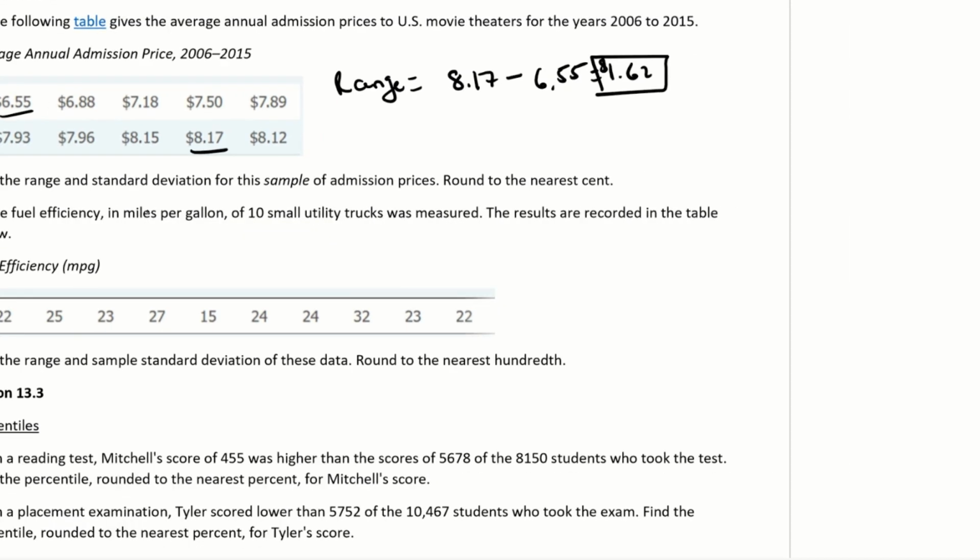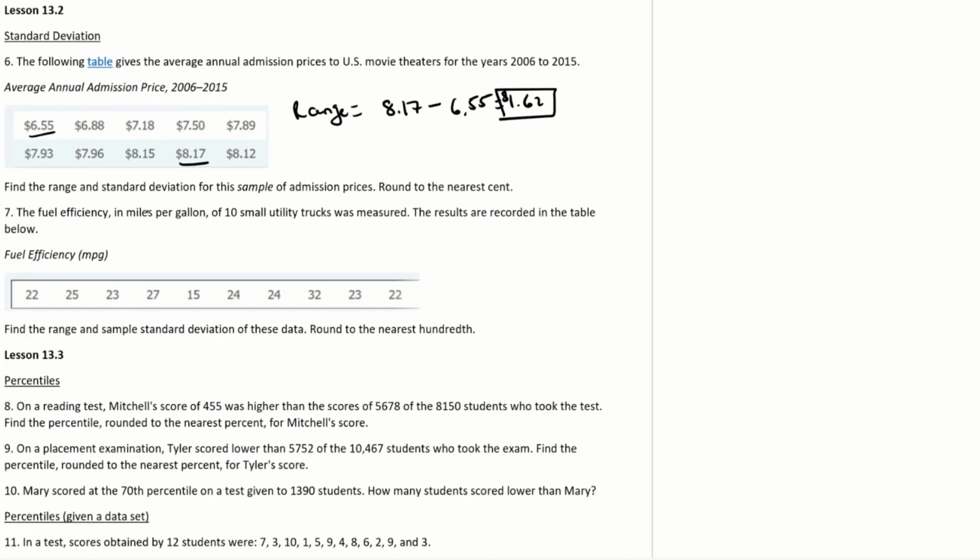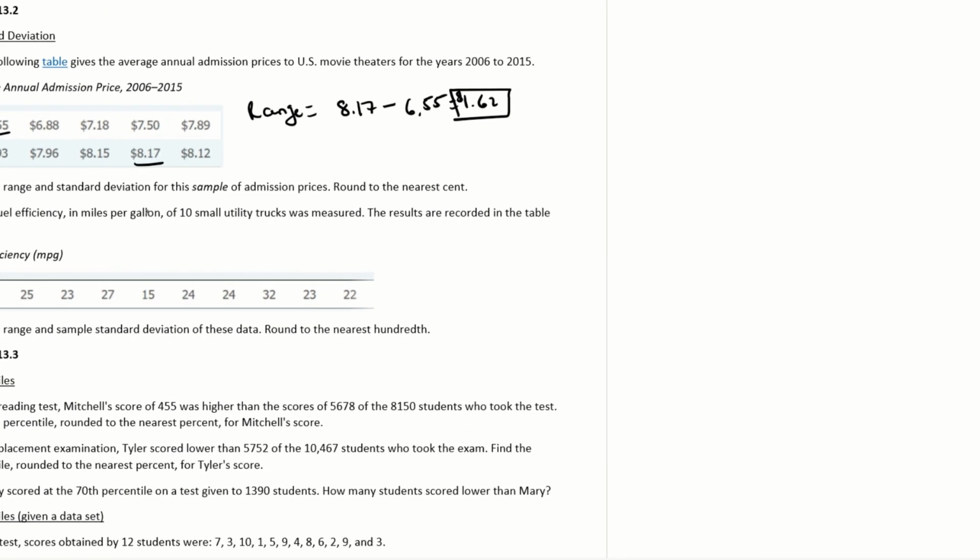Now for the standard deviation, we're going to need to set up a table. This is where you'll need another sheet of paper, and where you need to show your work. First we need to find the average, by adding the prices and dividing by how many we have.